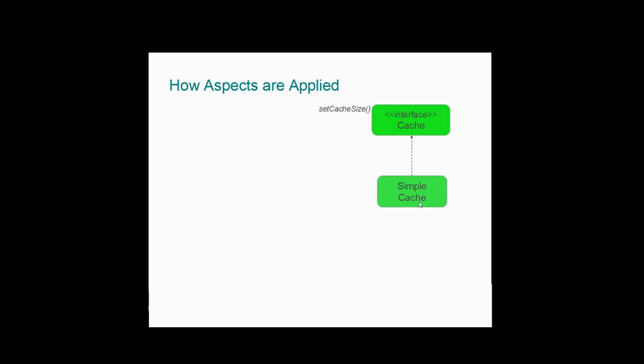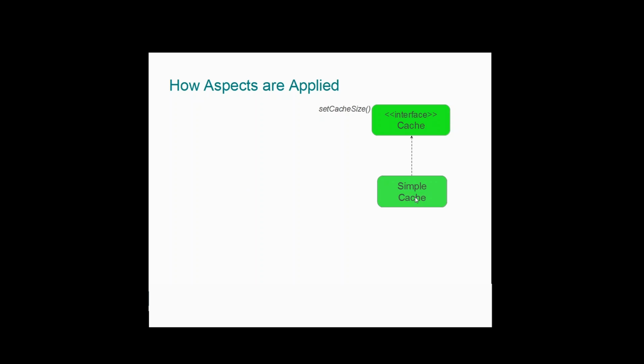When you enable Spring AOP, a bunch of bean post processors will be set up. One of them will check whether any aspect has been created. If there is any aspect, it will take that aspect bean and take an expression, and see whether that expression matches with this simple cache bean object.